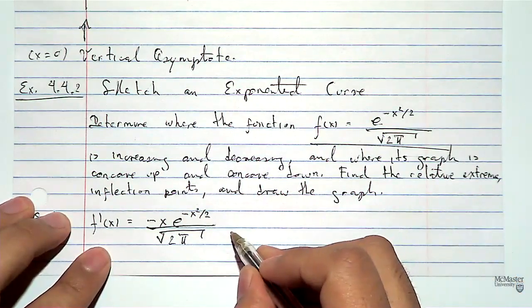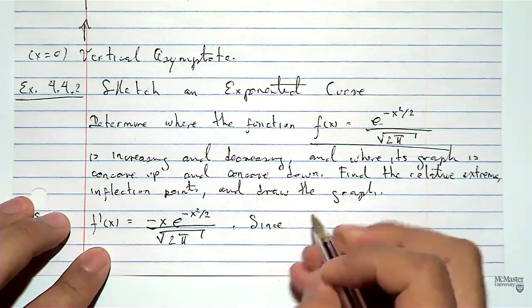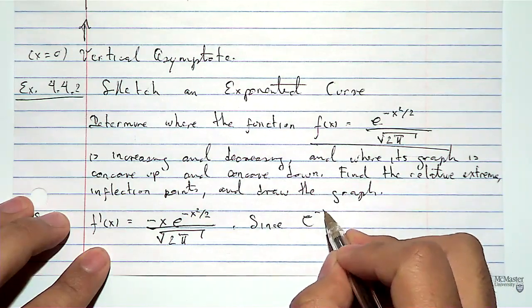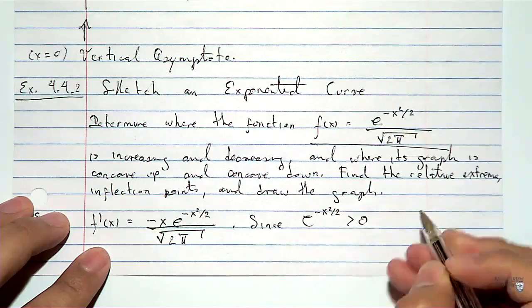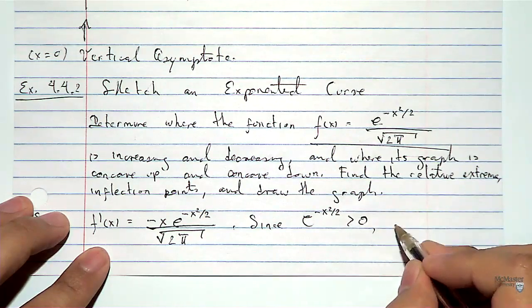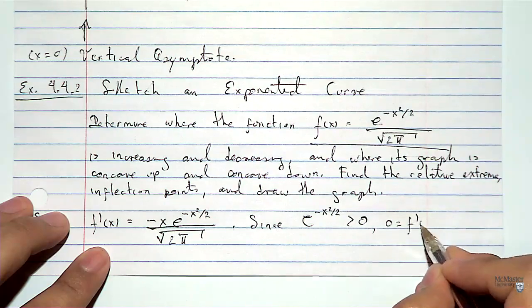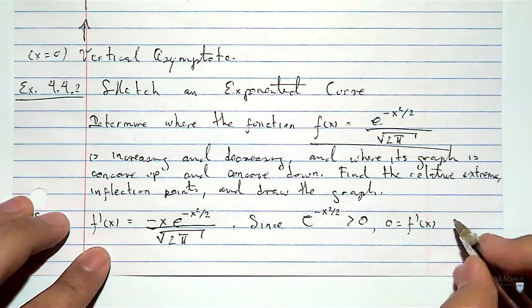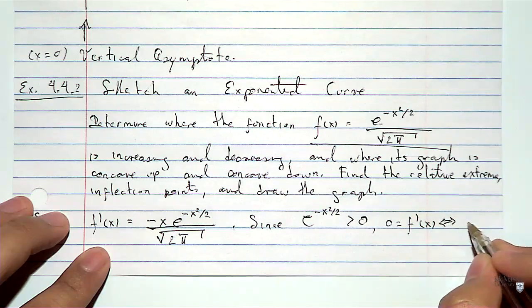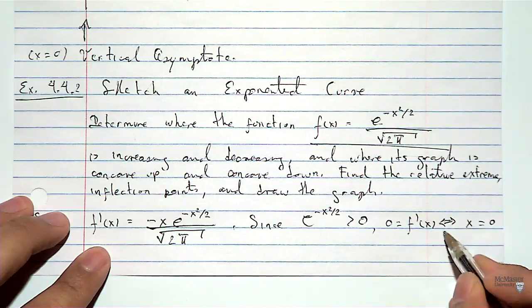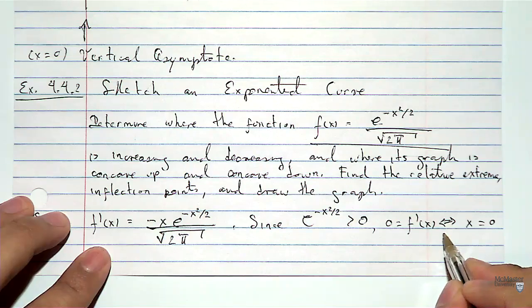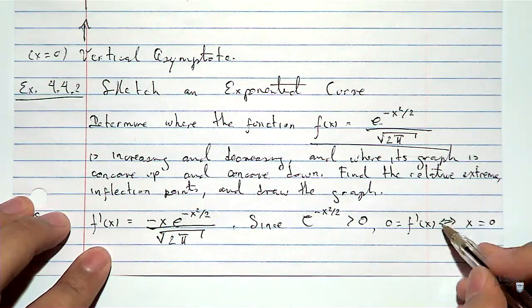And what you know is that since the exponential, e to the minus x squared over 2, is always positive, if you want to find the points for which the derivative is 0, f prime equal to 0, that happens if and only if x equal to 0. Has anybody seen this sign before? This double arrow?